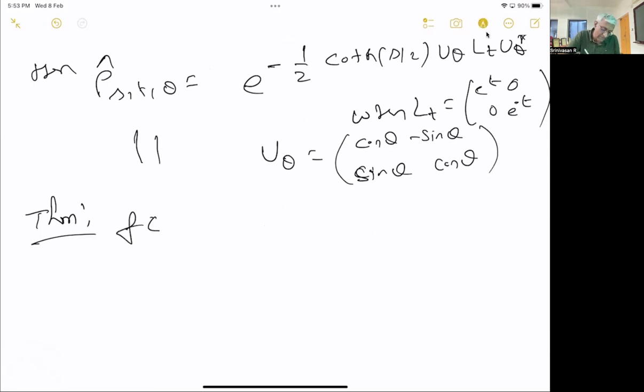F of alpha equal to, I don't care about the mean. We know that with any mean we get a Gaussian state, so I only worry about this.